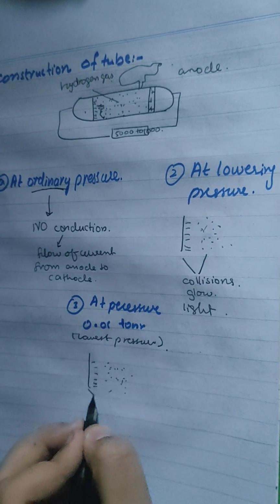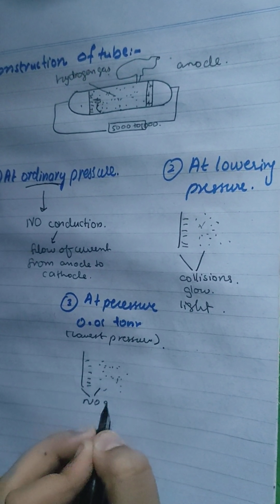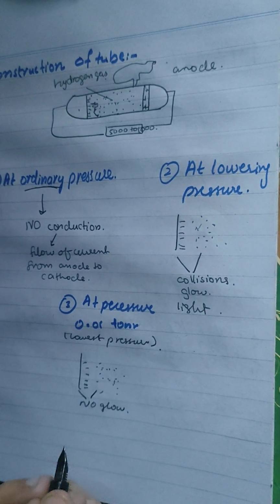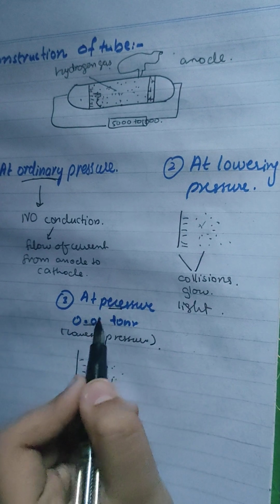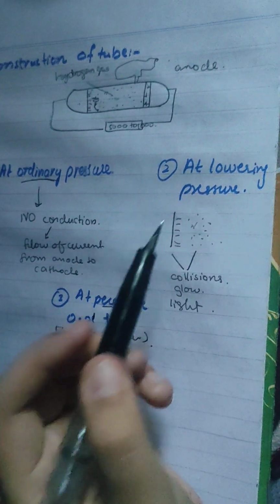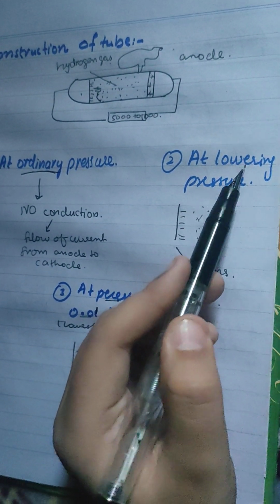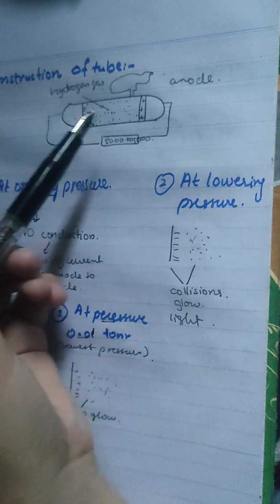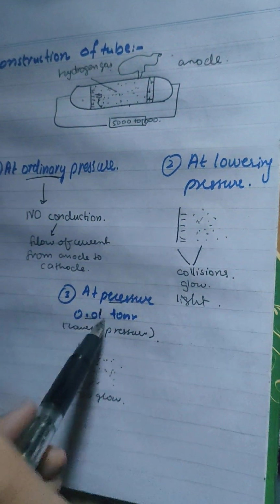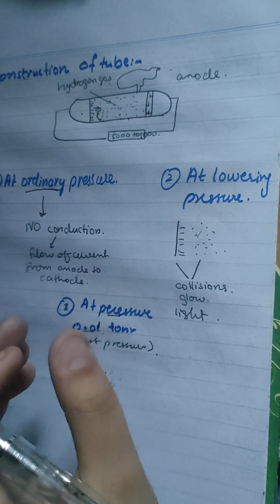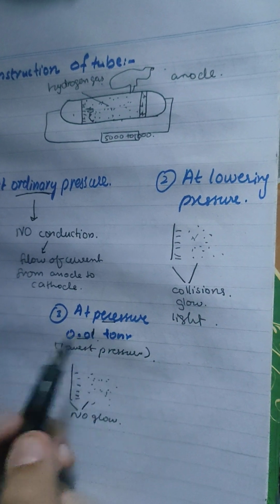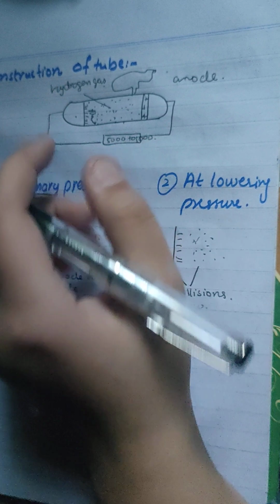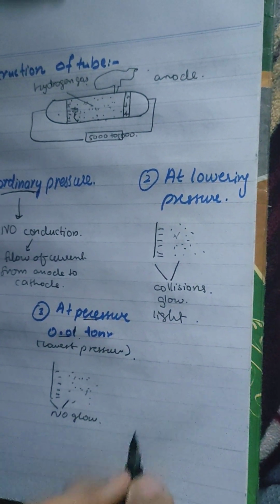There will be no glow. Why no glow? Because at 0.01 torr there is no glow. However, at the lowered pressure there was a glow in the whole discharge tube, but when we give a very small pressure, that is 0.01 torr, at that time the glow just disappeared from the discharge tube.